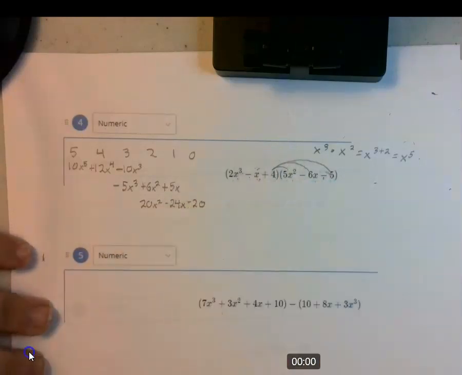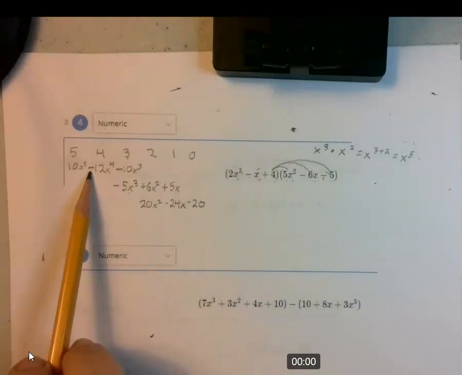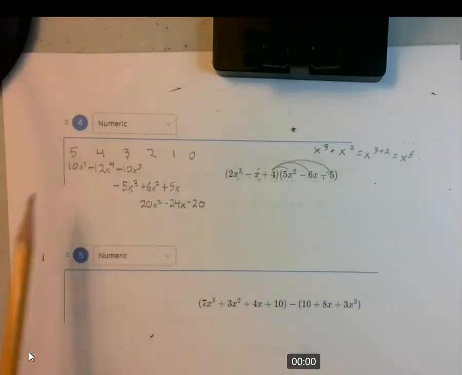Okay, now I'm going to stop and check my work. Okay, so I checked my work and I realized I had put a plus sign there. You probably see that if you copied, and that should be a minus sign. So I recommend checking work every step along the way. There are so many calculations you're going to make mistakes. I'm going to make mistakes. Everybody's going to make mistakes.